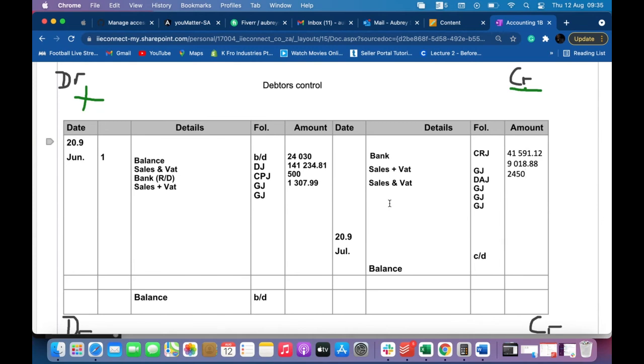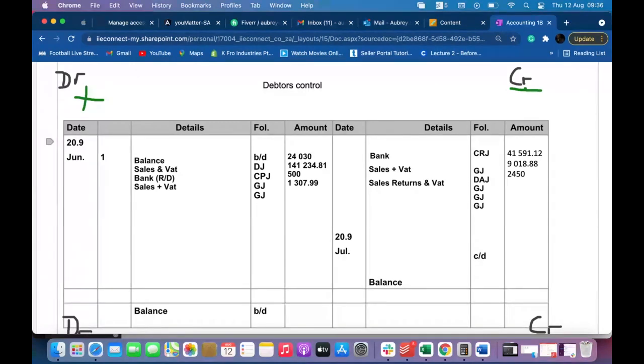And there it says debtors balance written off as irrecoverable. Okay, debtors balance. Oh, sorry, I forgot to say sales returns. If you wrote sales and VAT, it would also be okay. But sales returns just makes it clearer as to what this is all about. Okay, so next one that we have there is credit losses. That is actually credit losses and VAT.